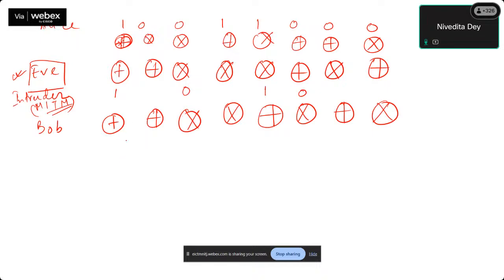That happens when Eve's, Bob's, and Alice's polarization filters are all the same. So whenever these three are the same, it will be 1. In this particular case it will be 0, and nowhere else are all of their bases the same, because in these two cases only all of them are the same.